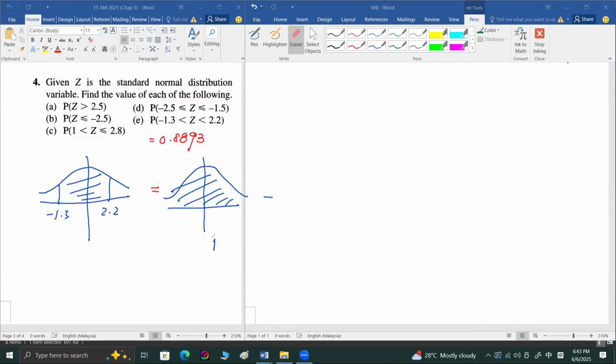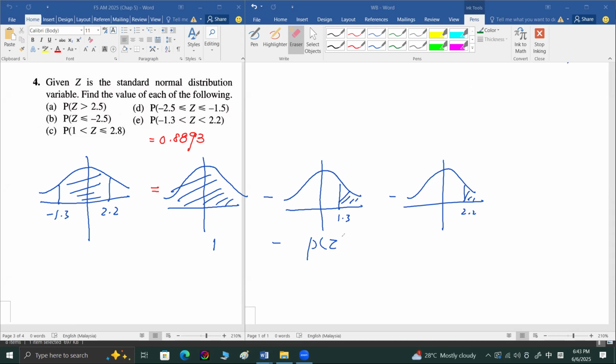This is 1 minus this part, that is 1.3. Then minus again another part that is 2.2. So 1 minus z greater than 1.3 minus z greater than 2.2.